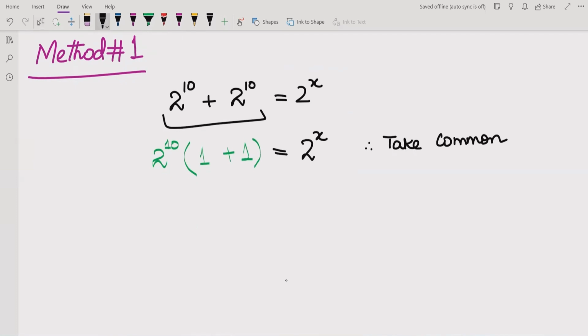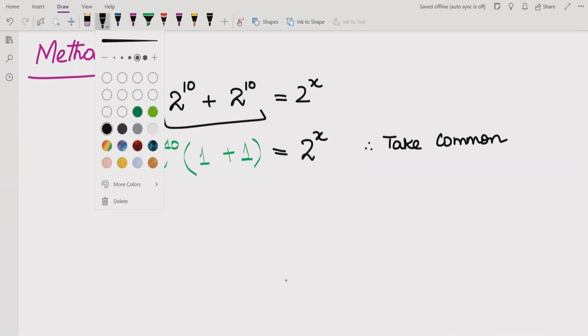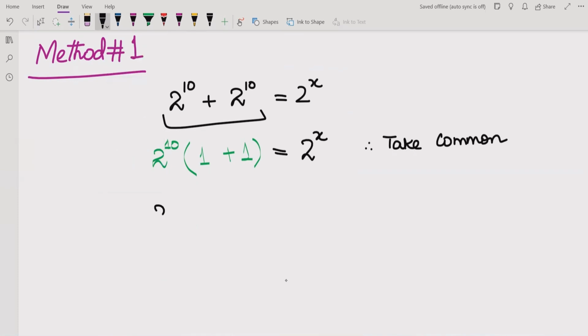Now again we will solve: 2 raised to power 10, and here we add 2, 1 plus 1 is 2, right? Equals 2 raised to power x. So here we did addition.